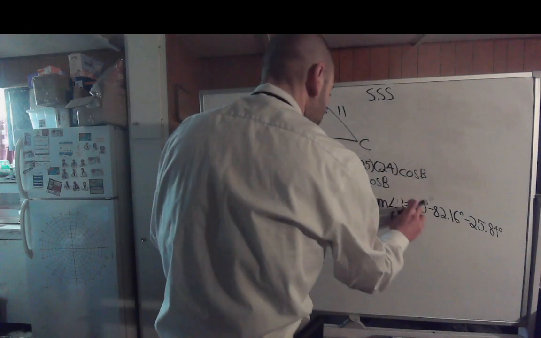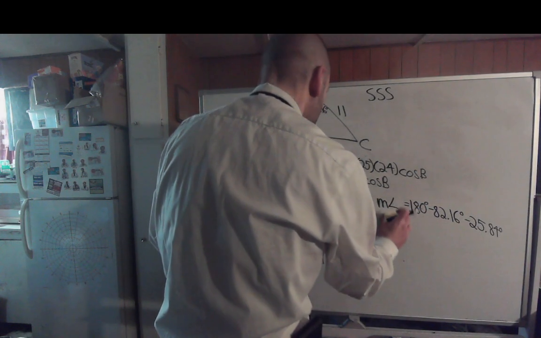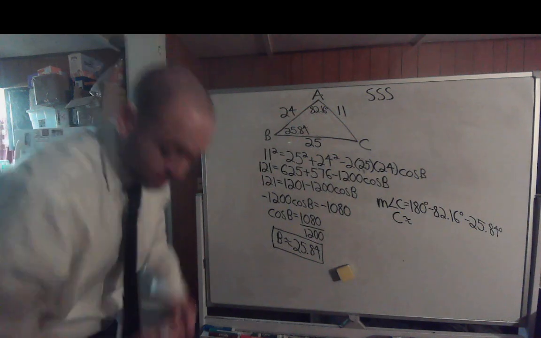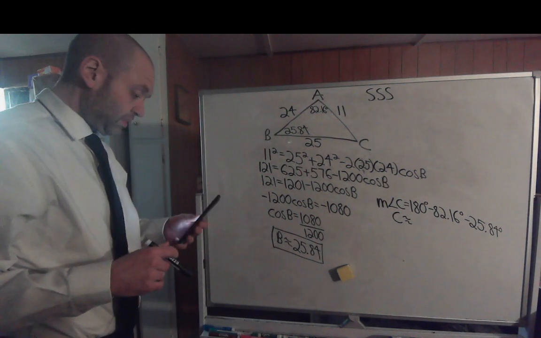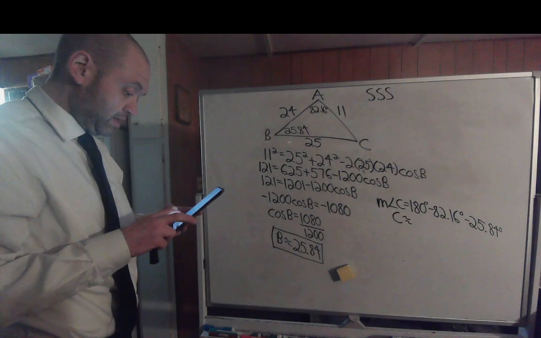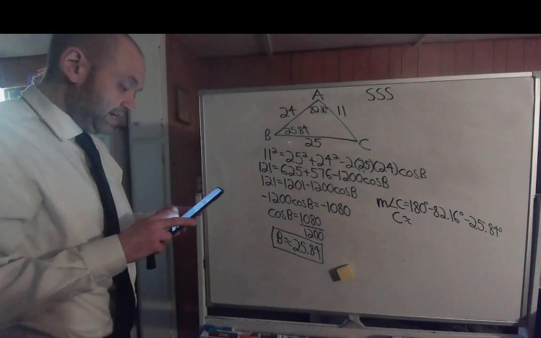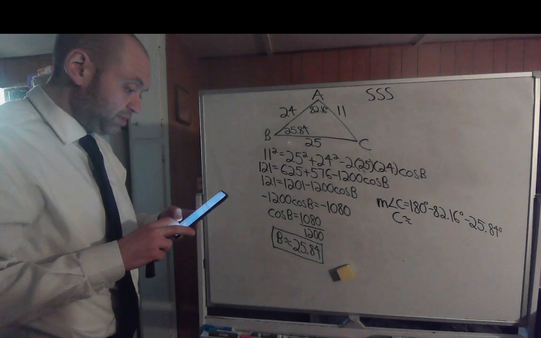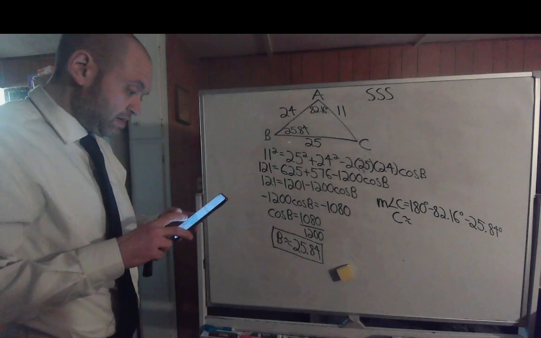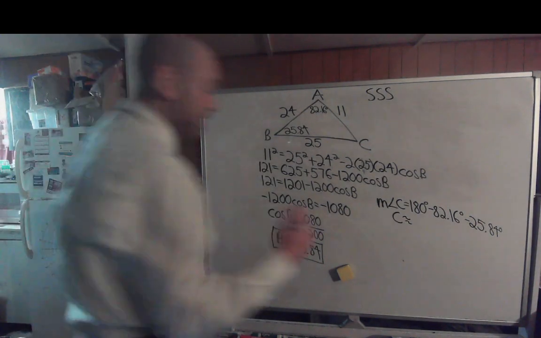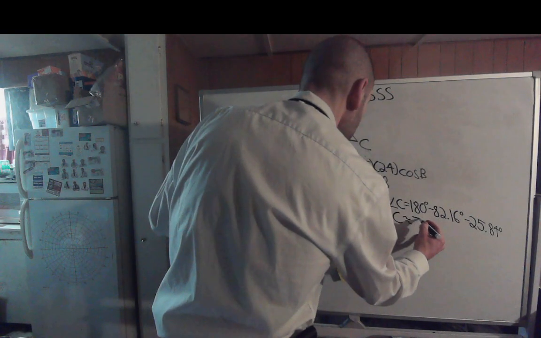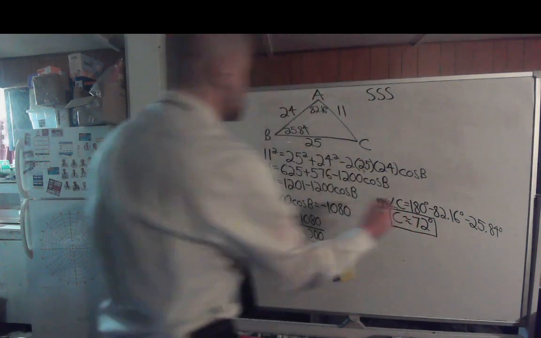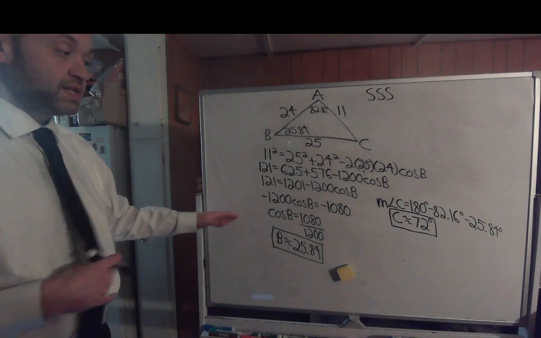I meant angle C. I meant to say C. We already got angle B. So C, we will get an approximate result. 180 minus 82.16 minus 25.84. You get approximately 72 degrees. So that gives you that angle C would be approximately 72 degrees.